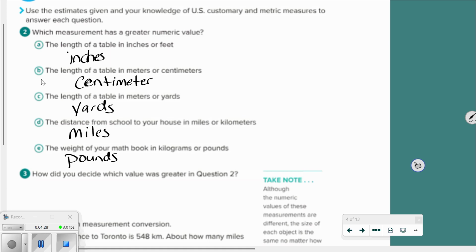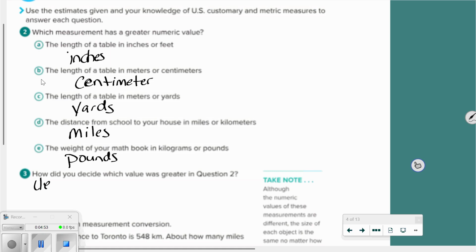So what did you do to decide? Okay, she used the conversion chart on the back of her page and? I looked back on the ones we previously did. So you looked at your chart and determined what? I chose the smaller, and figured out which one was smaller.